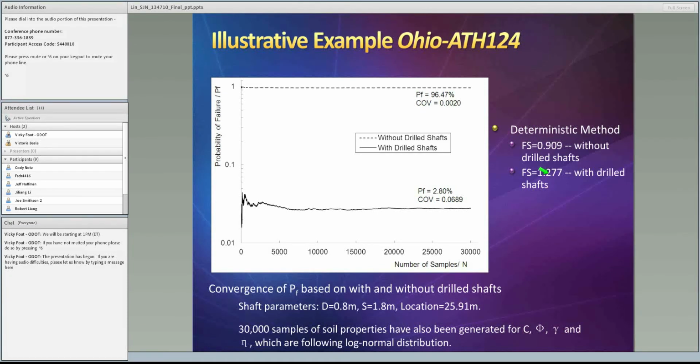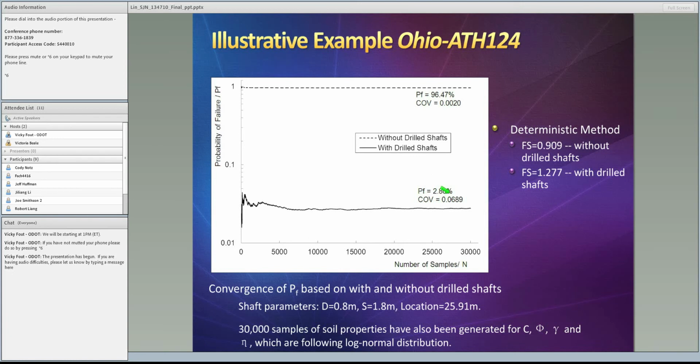However, in the design guide, if we want to satisfy a reliability index equal to 3, which means probability of failure is approximately 0.1%, then 2.8% is not acceptable. We have to change to different locations as well as different spacings and shaft diameters, and put them as input to redesign.